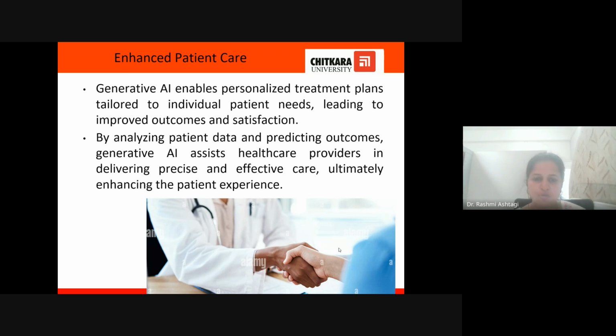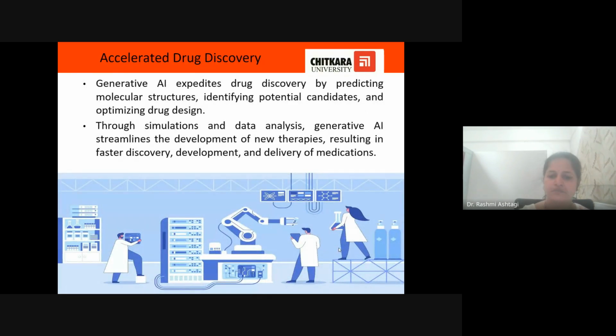Nowadays in surgery also, machines are used to assist the doctor. Very effective care will be taken, and ultimately the patient's experience will be enhanced. Now in the US and elsewhere, many hospitals have machine assistants which use AI, Gen AI, ML.